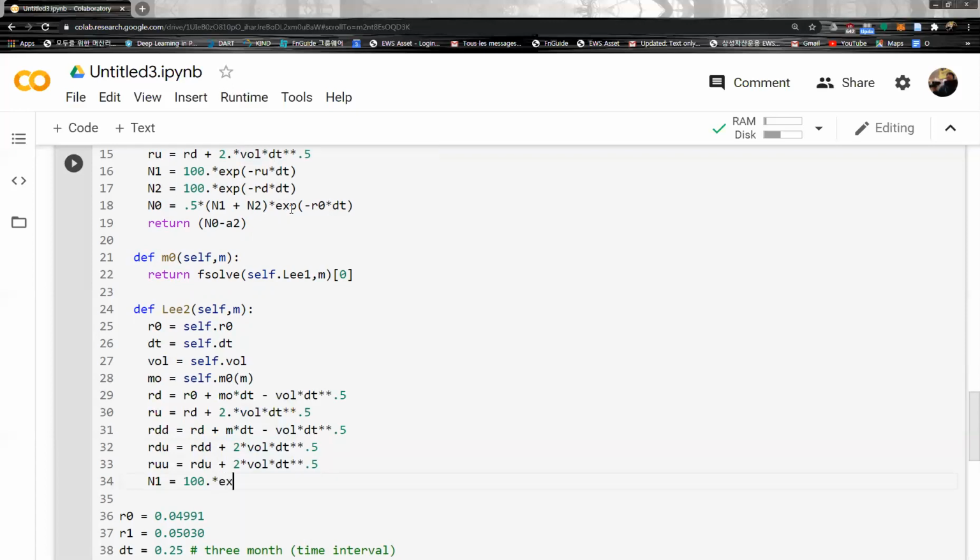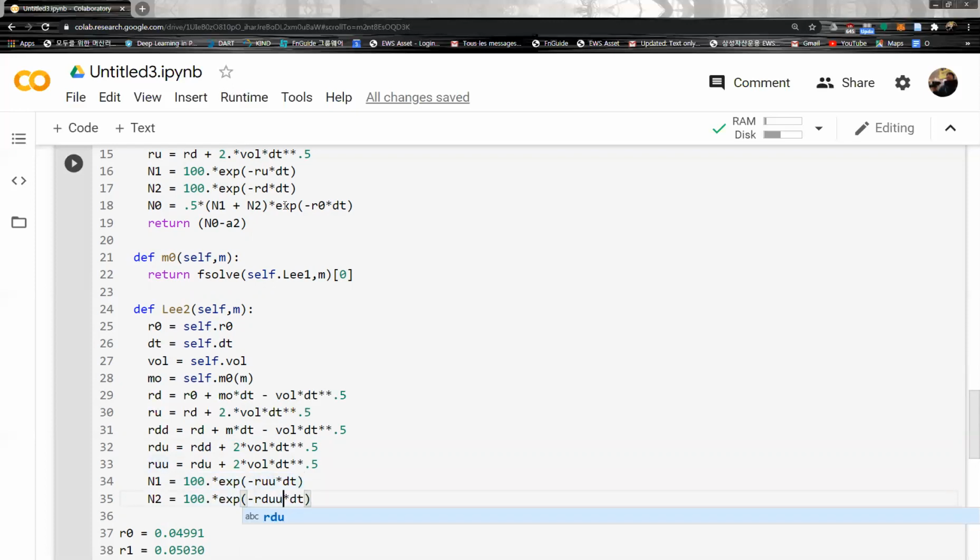So let's use the up interest rate: RUU multiplied by dt, the final period. And then N2 equals RUD, RDU, and then N3 equals 100 exp of minus RDD, right?